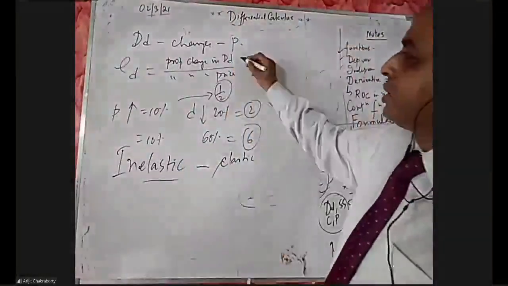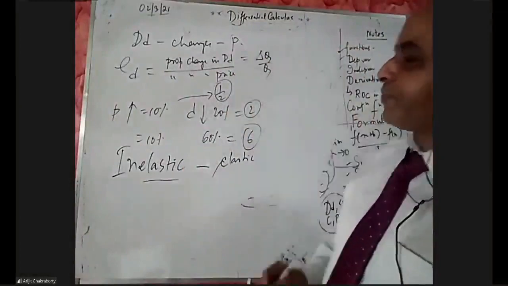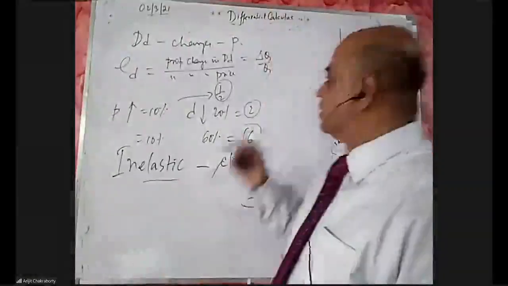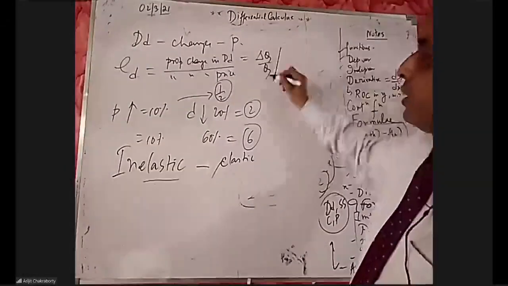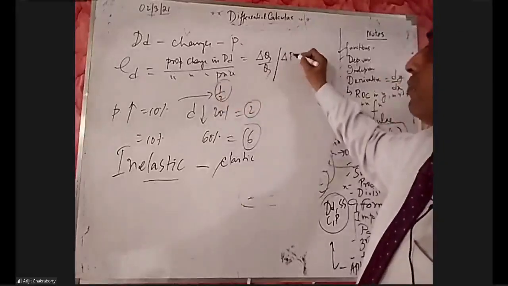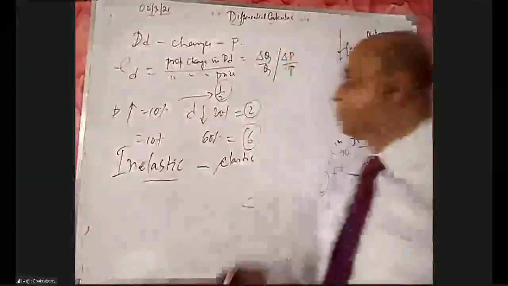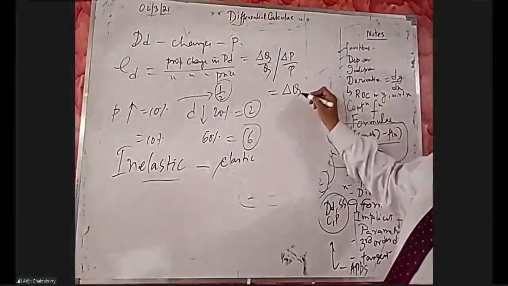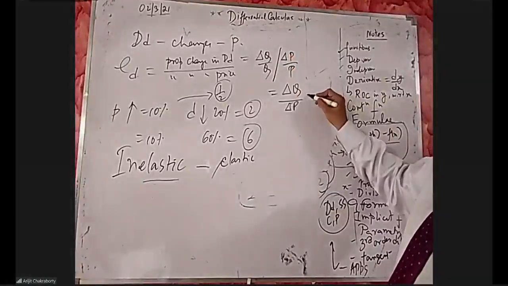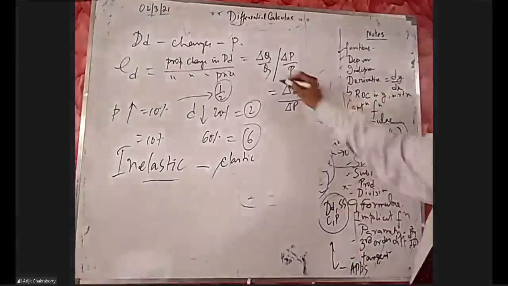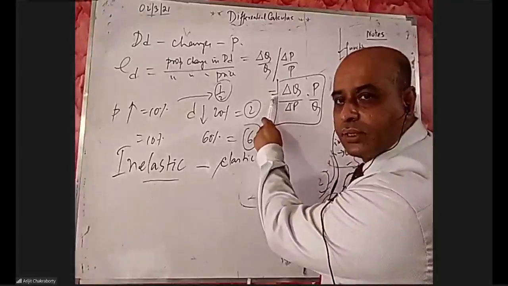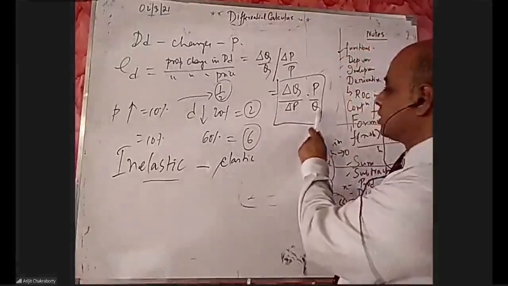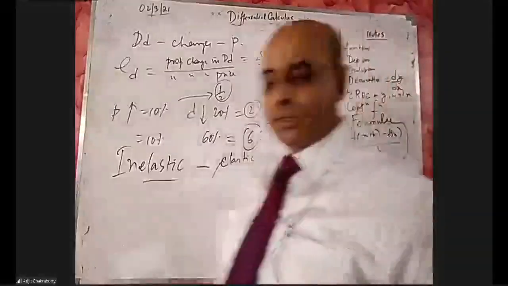So proportional change in demand means delta Q by Q. The original quantity is Q, the change is delta Q. Similarly, the proportional change in price can be written as delta P by P. So the formula, if you simplify this, is delta Q by delta P into P by Q. This is the final formula, where delta Q is the change in quantity, delta P is the change in price, Q is the original quantity, P is the original price.